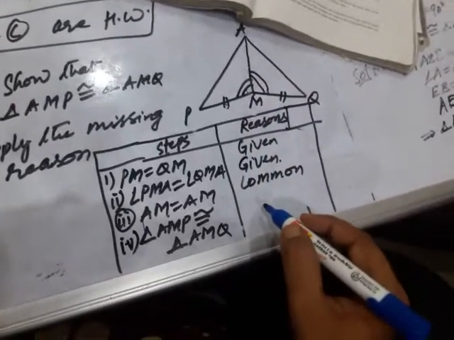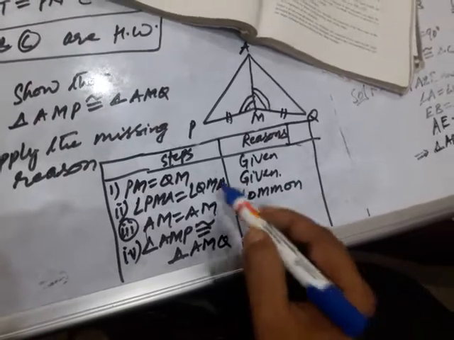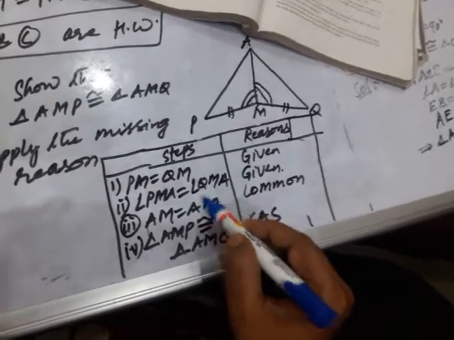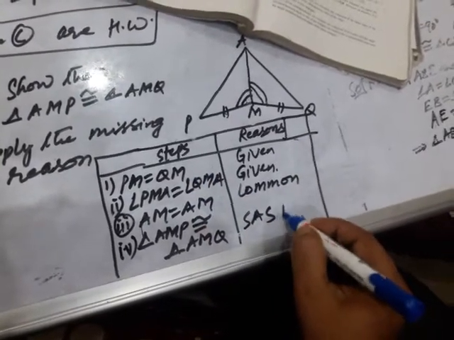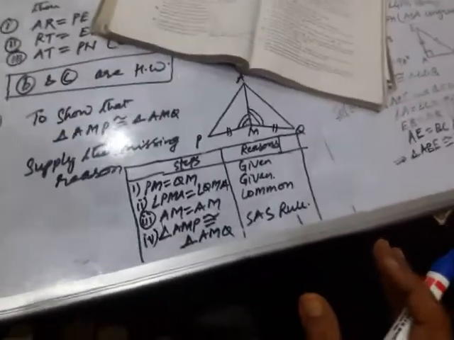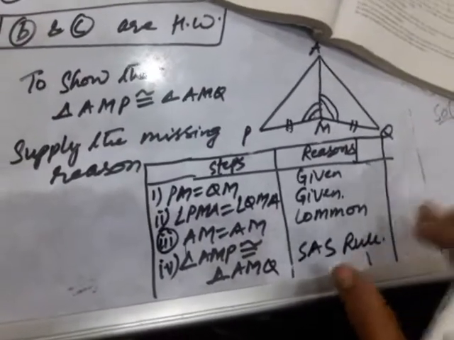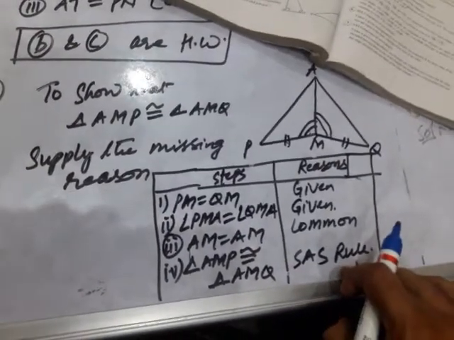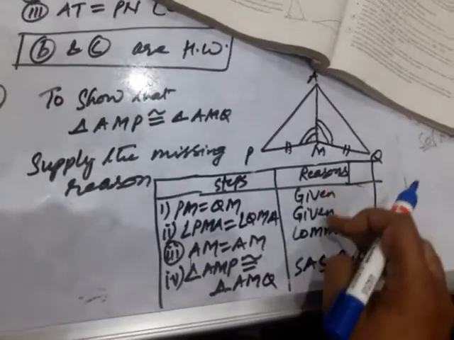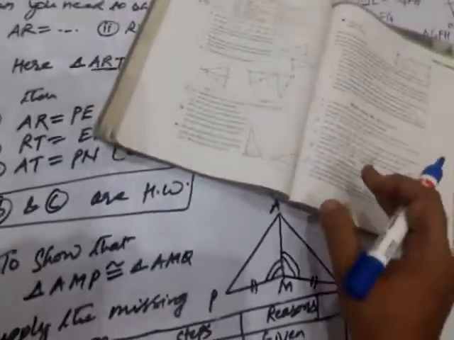By which rule? By SAS, the side, angle, side rule. Okay, children? So this is a good question in view of your examination. Side, angle, side we have to use. If you solve the question systematically, then see, everything can be found out properly.